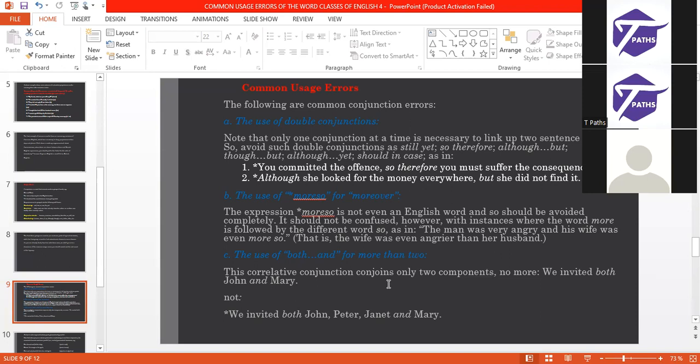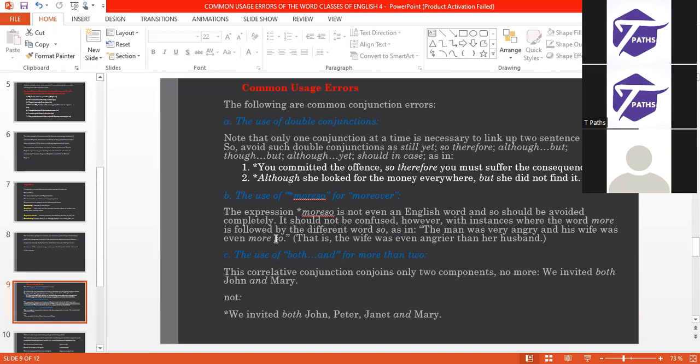It should not be confused, however, with instances where the word more is followed by the different word so. As you can see from my screen, more so as one word is different from more followed by so. All right? Look at this expression. The man was very angry and his wife was even more so. So you can see more is written and there's a space between more and so.